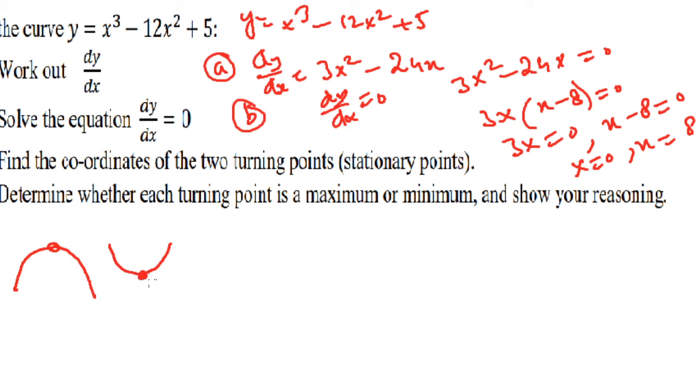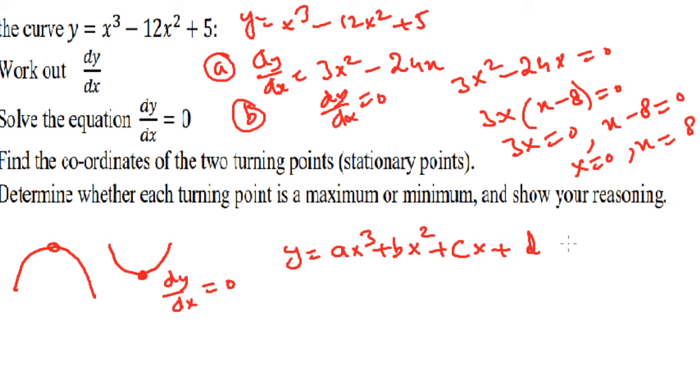To get this turning point or stationary point, dy dx will be 0. We will put dy dx as 0 here. Now see here, there is another case here. Now y is equal to ax cube plus bx square plus, let's say, cx plus d.